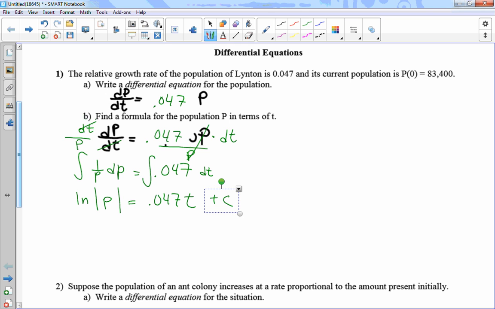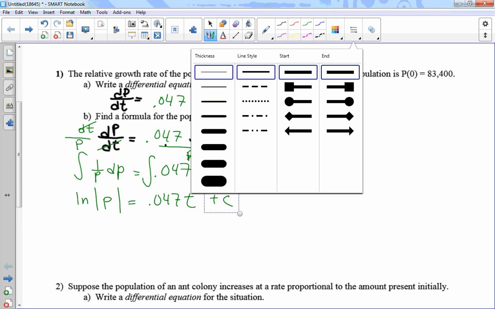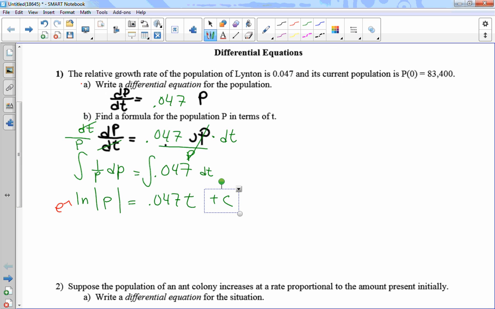So right now, what would we do to find the formula for P? E both sides. Yeah, I know what you're talking about. It's just e to that. E both sides. Okay? So we get the population would be e to the 0.047t plus C. Do we have another way to write that?